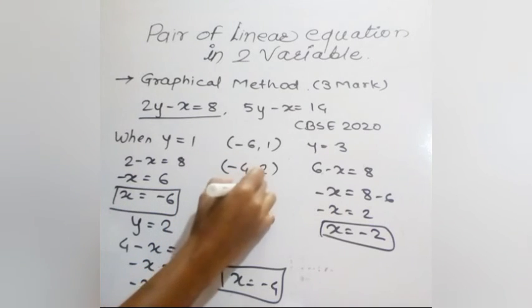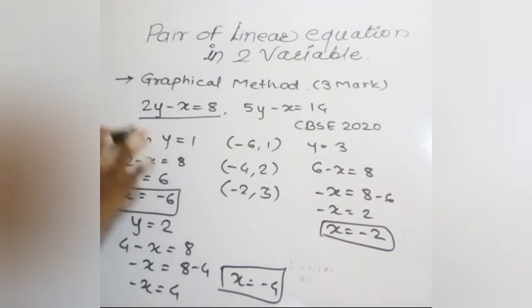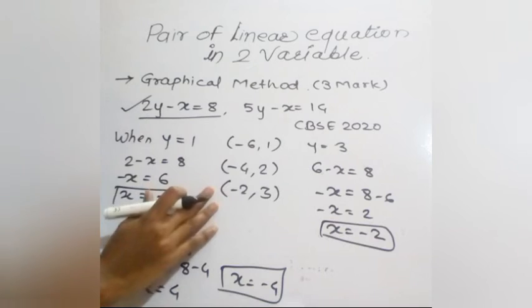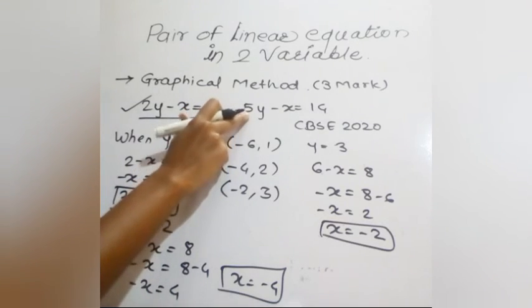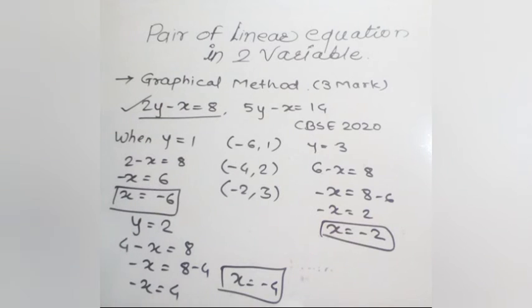So the point is minus 2 comma 3. These are the points for this equation. Now we can plot these points on the graph and draw a line for this linear equation. Along with this, we also solve the other linear equation, and then we can plot the graph.